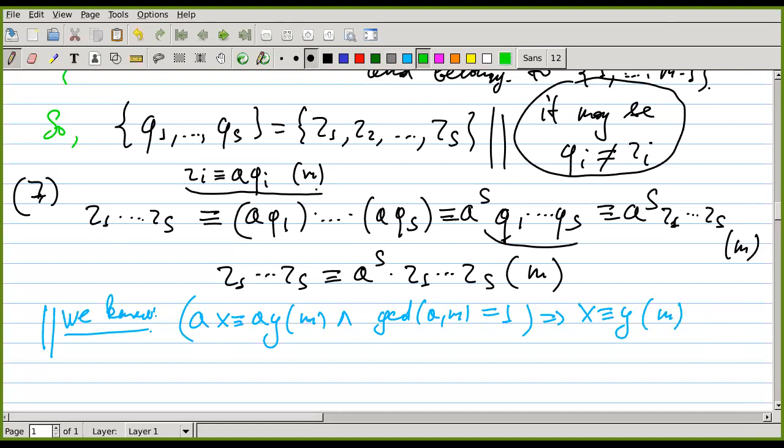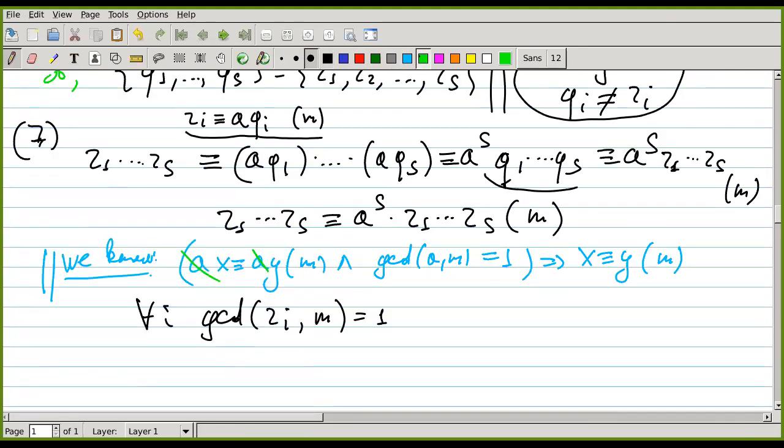Is it clear? Yes. But for every I, I know that this R is co-prime to M. So I can easily cancel out R1, R2, R3, and so on, up to RS. What should I obtain? 1 is congruent to a to the power s modulo m.